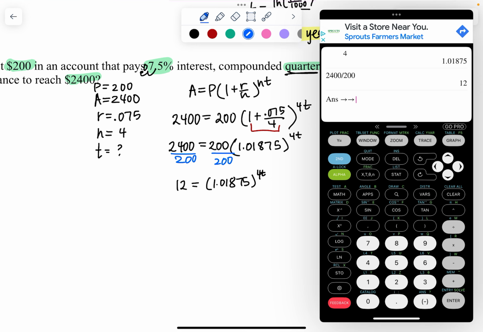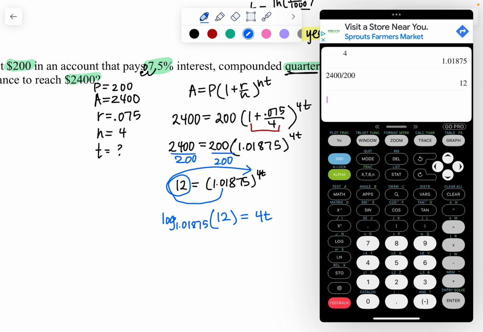We're ready to convert. And so this decimal is our base, 12 equals 4t. So log base 1.01875 of 12 equals the 4t.